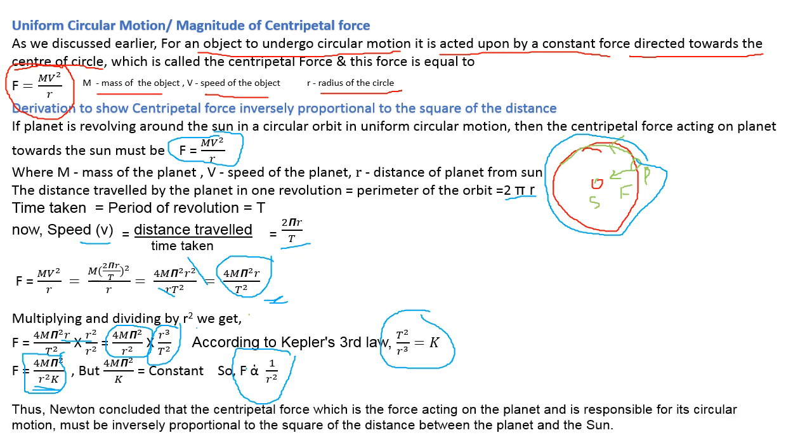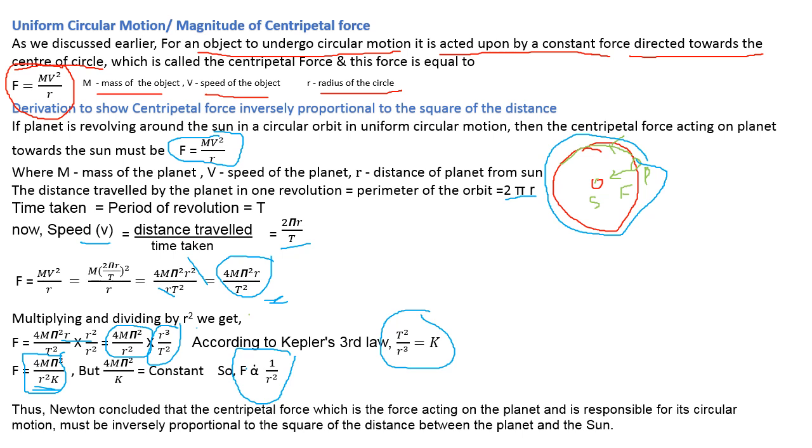Thus Newton concluded that the centripetal force, which is the force acting on the planet and is responsible for its circular motion, must be inversely proportional to the square of the distance between the planet and the sun.